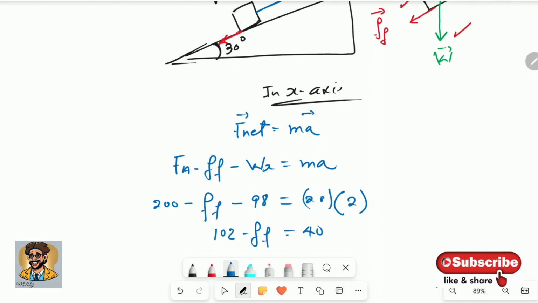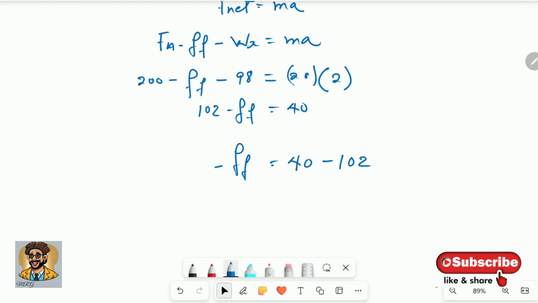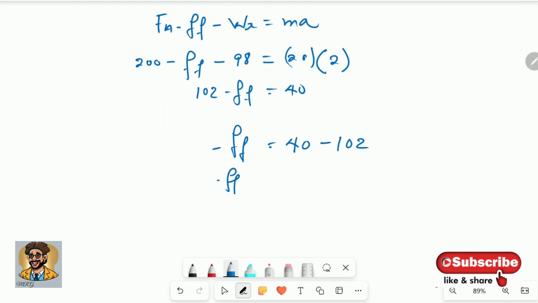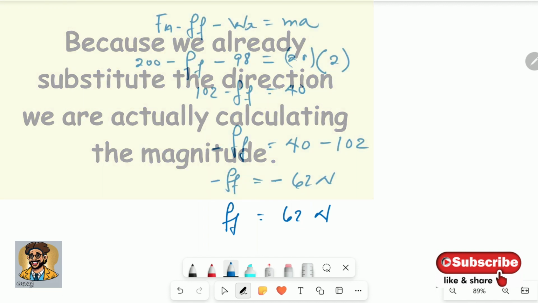Is that correct? Yes, sir. So frictional force is equal to 40 minus 102. Are you with me? So the answer is minus frictional force is equal to negative 62 Newton. So frictional force, this is the magnitude, is 62 Newtons. There we go.